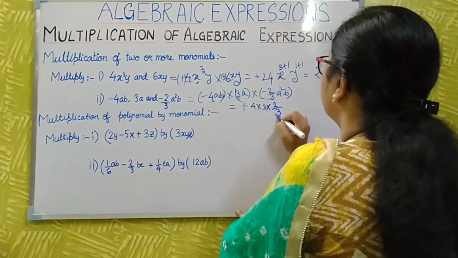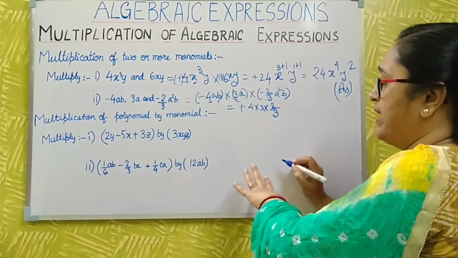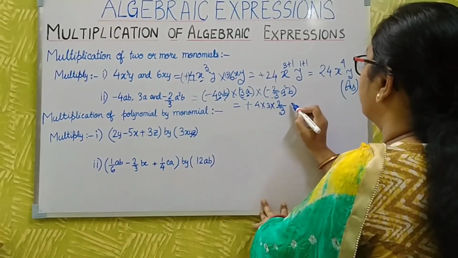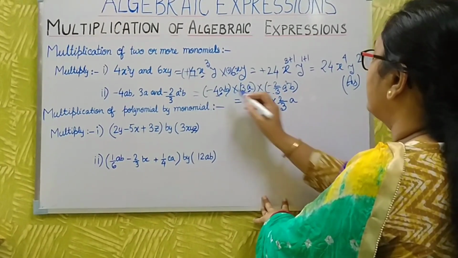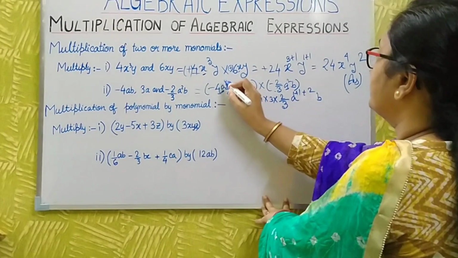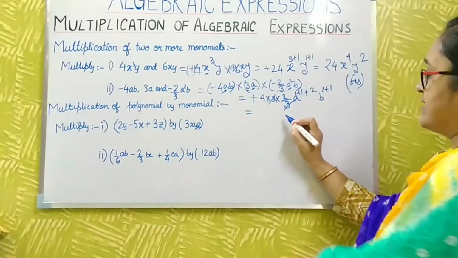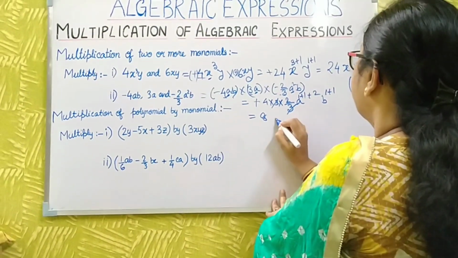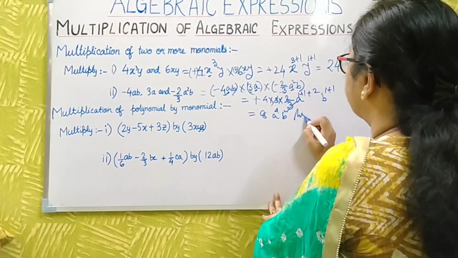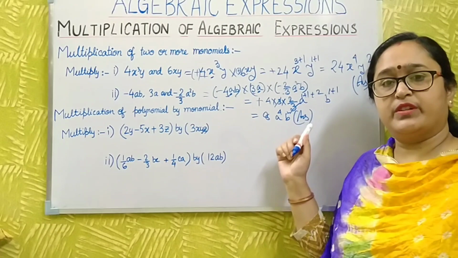Then you do the multiplication of variables. Now a: 1 plus 1 plus 2. Then b: 1 plus 1. Then 3 cancels, 4 2s are 8. A to the power 4 b square. This is the answer of the multiplication of these three monomials.